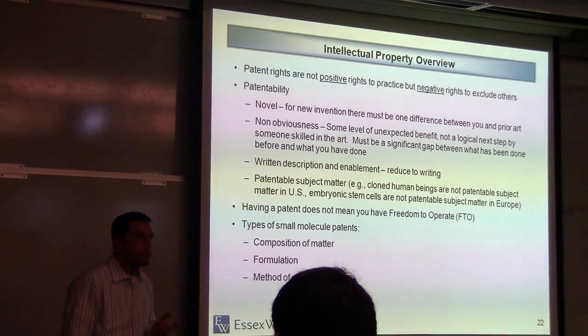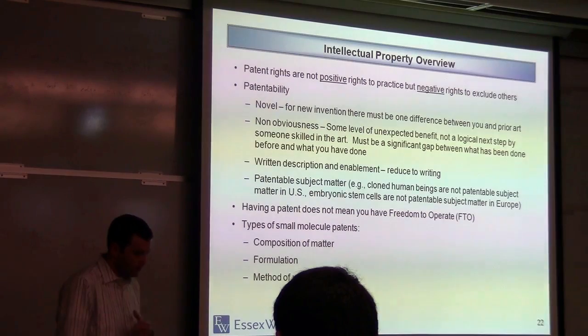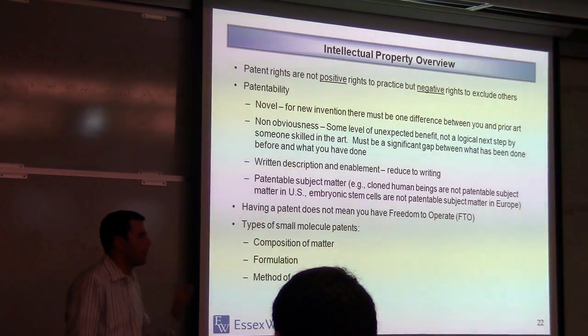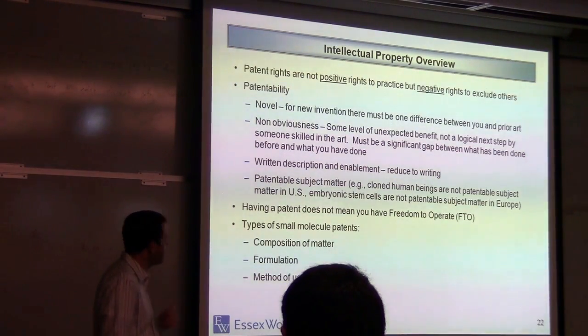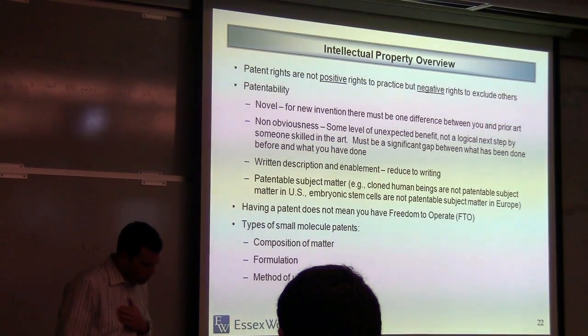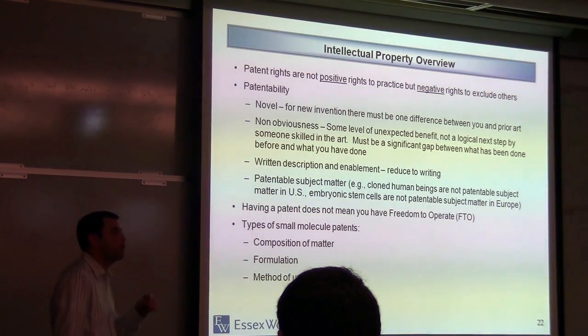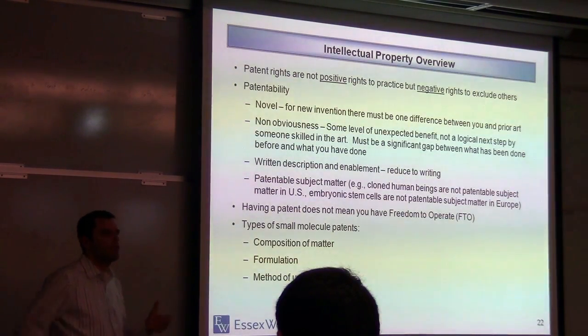You could be looking at antibodies with novel properties, whether that's affinity or specificity or some sort of activation or neutralization. You could also be looking at patenting specific antibodies, kind of like the composition of matter.